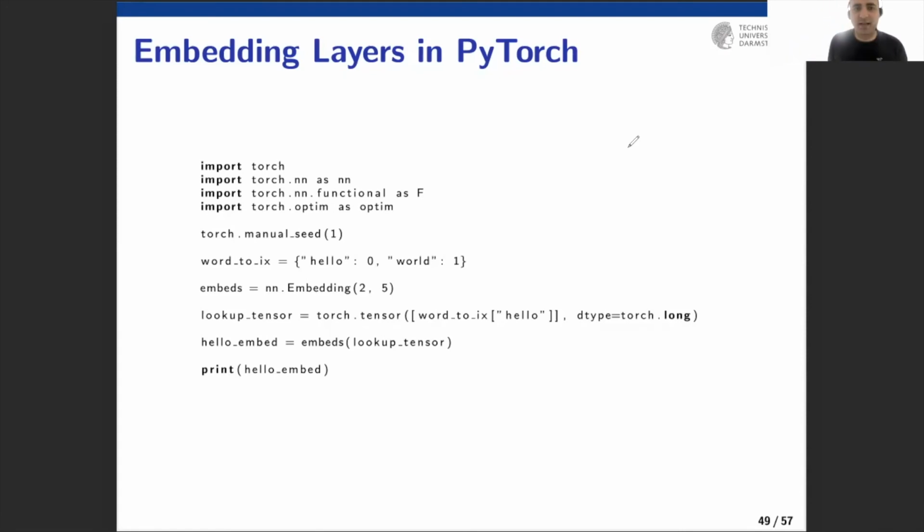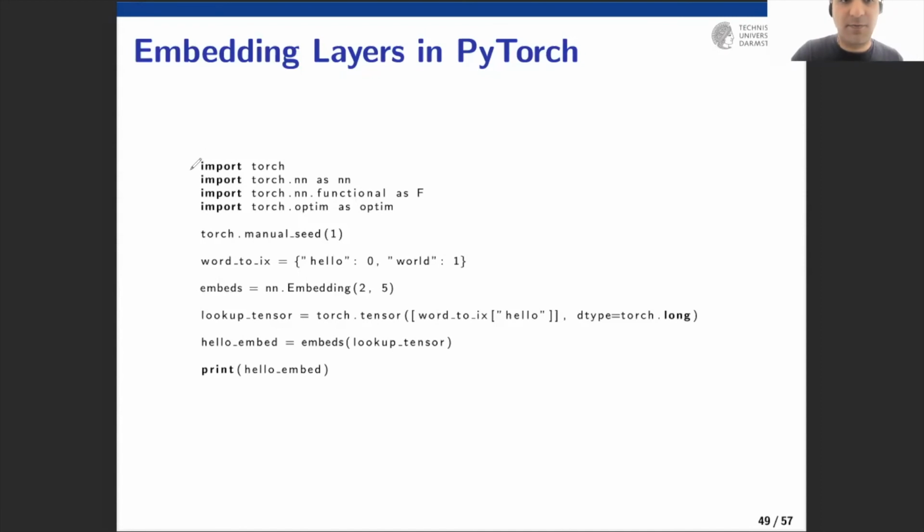Okay. So we talked about the embedding layer or embedding function. Now let's look at a real example of its usage in PyTorch. We want to see how we can define word embeddings in PyTorch.